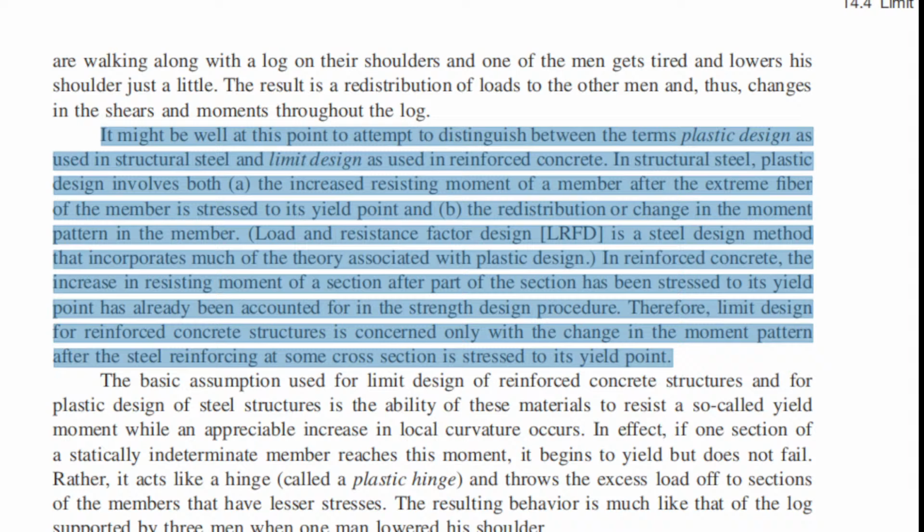That is not allowed because it is already accounted for. Only the moment pattern is changing after the yield point is met.